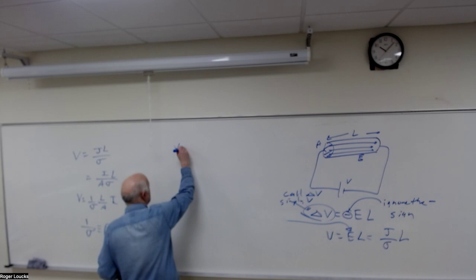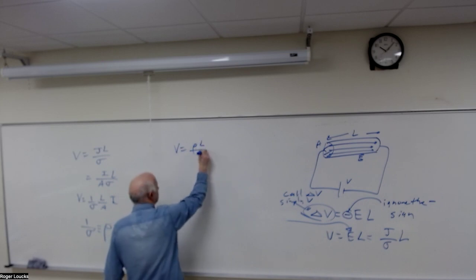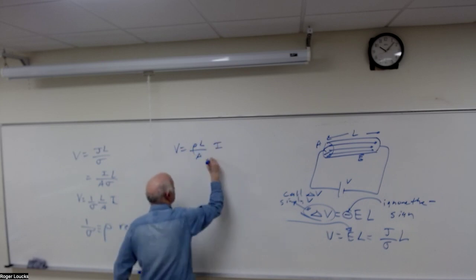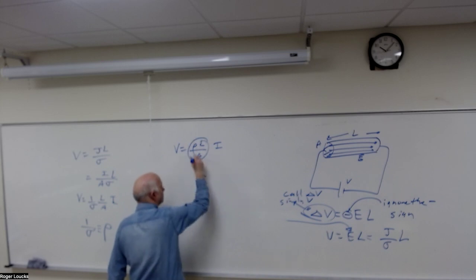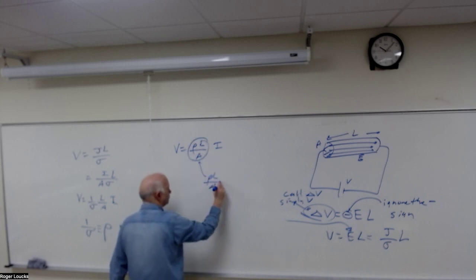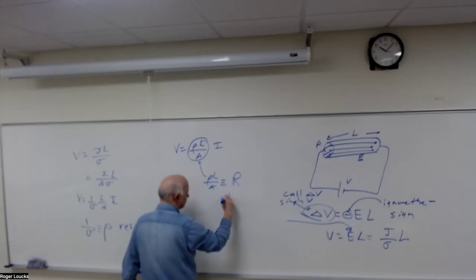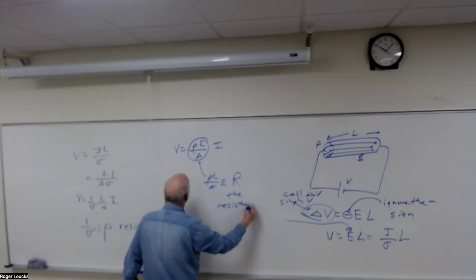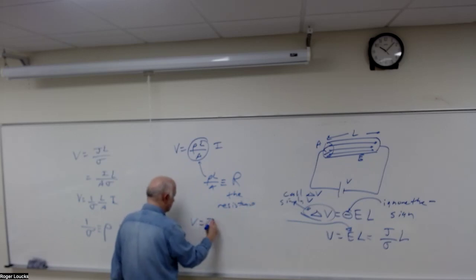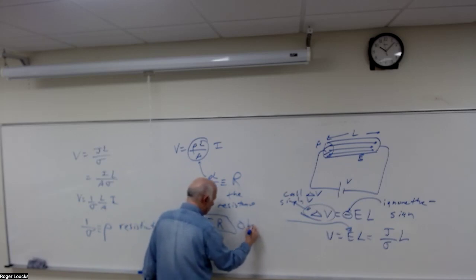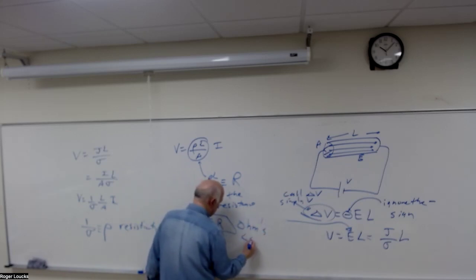I know this is V equals rho L over A times I. And this whole part here, rho times L over A, is by definition R, the resistance. So what we get is our famous V equals IR. V equals IR is known as Ohm's law.